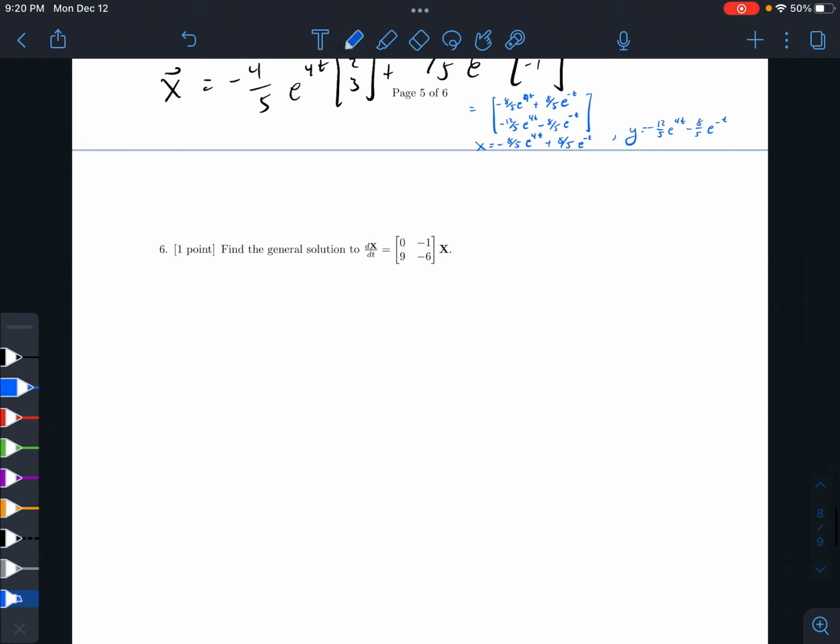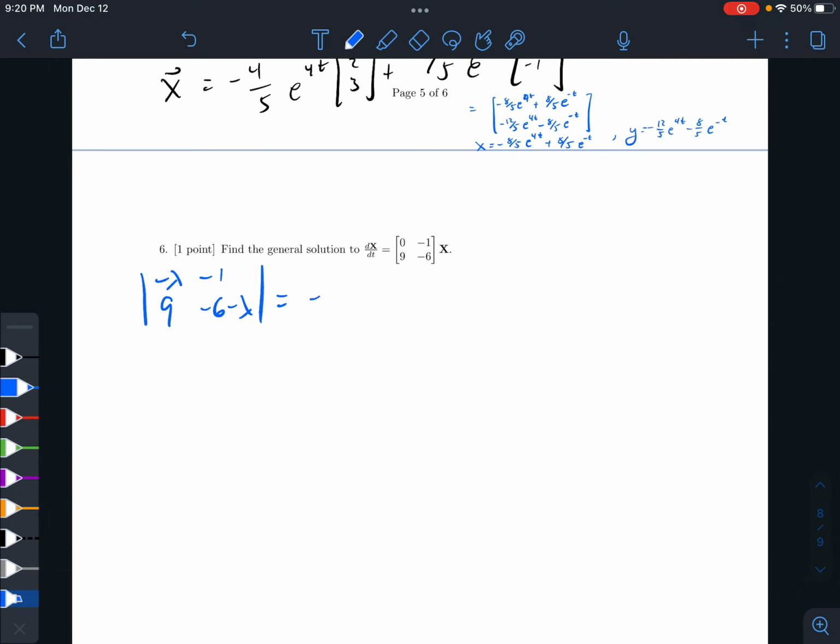All right, cool. Last problem. Find the general solution to dx/dt equals... All right. Eigenvalues: 0 minus lambda, negative 1, 9, negative 6 minus lambda. Take a determinant. I multiply diagonals, that diagonal minus that diagonal.